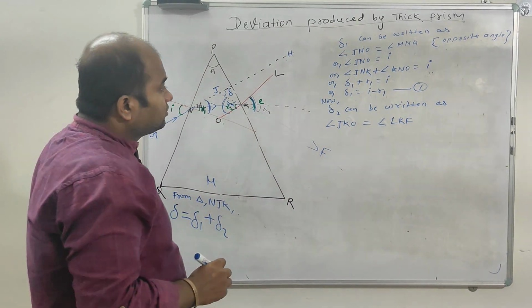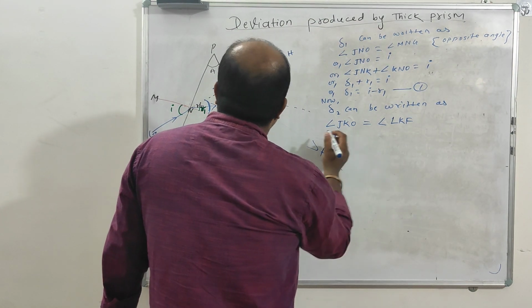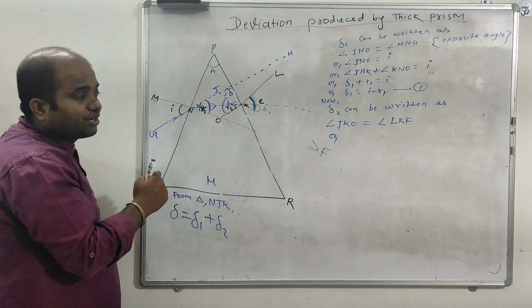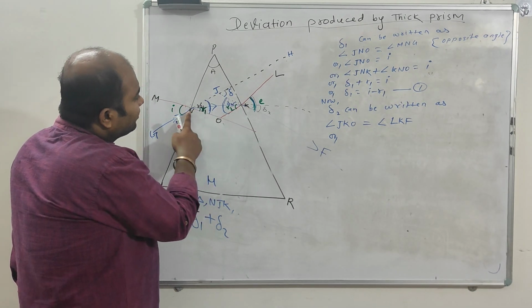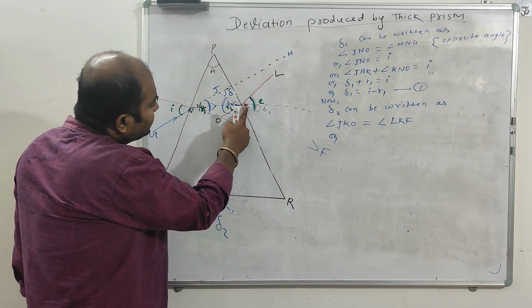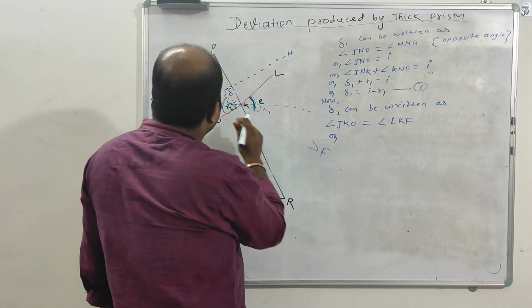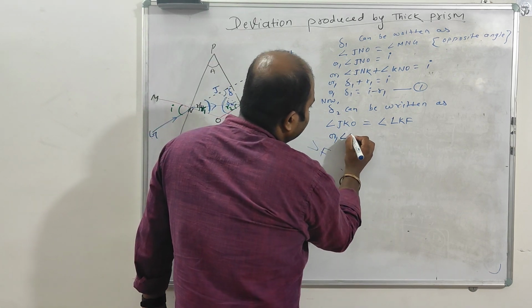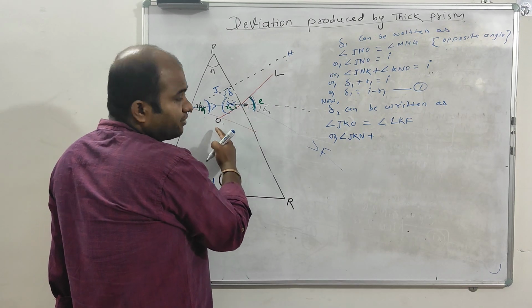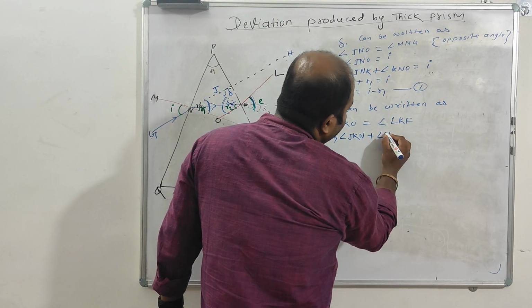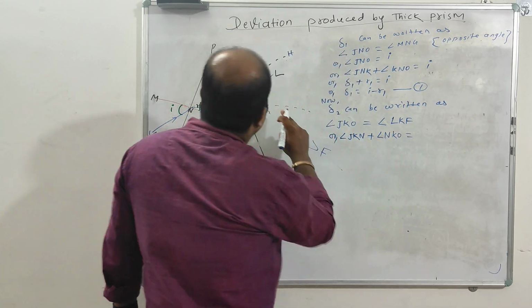Now JKO can be written as angle JKN plus angle NKO, and this is equal to LKF. What is LKF?